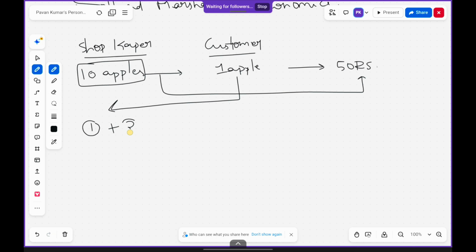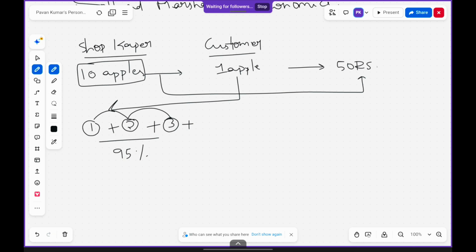Then he started consuming the second apple, deriving more and more utility or satisfaction, and then the third apple. By consuming the first, second and third apple, the satisfaction he derived was 95%.